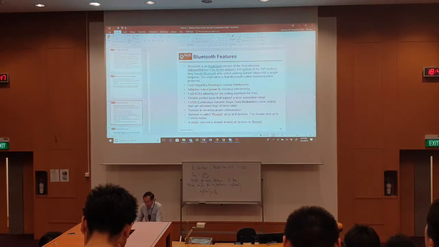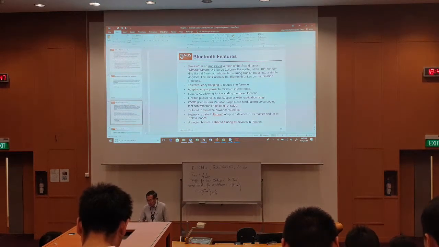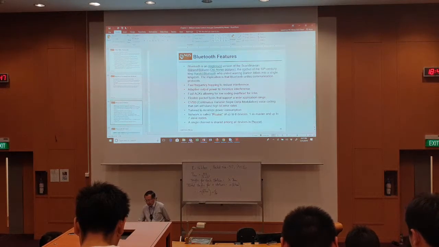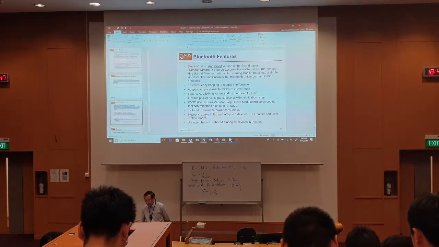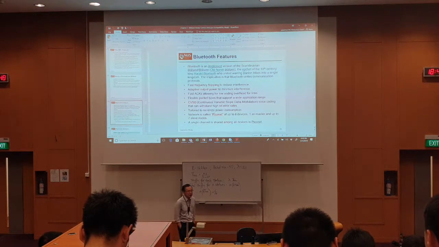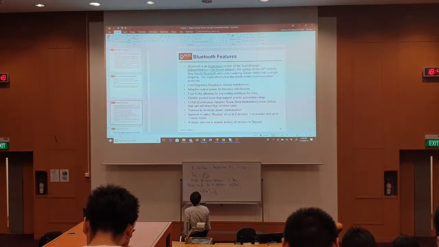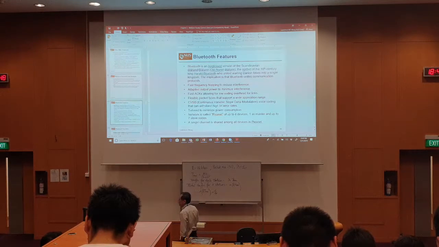Okay, it uses a fast frequency hopping method. It has adaptive power output. All right, fast acknowledgements, okay, flexible packet types, uses this protocol called continuously variable slope delta modulation, okay. I do not know if you know what is delta modulation.